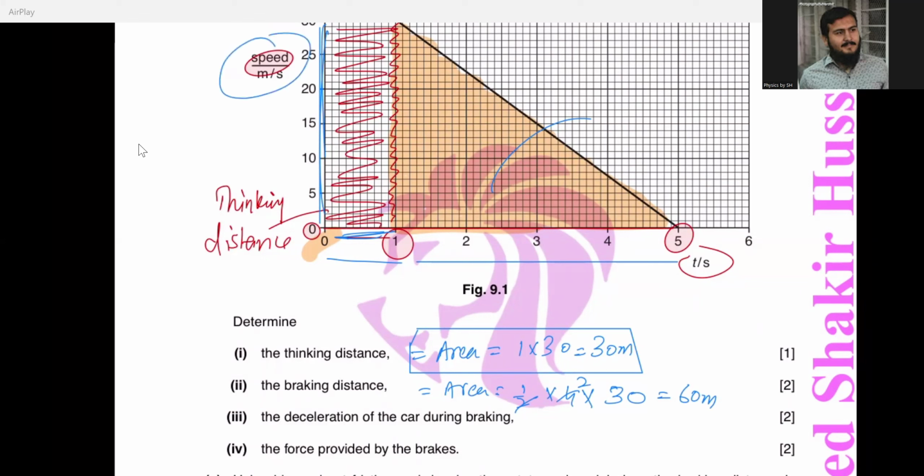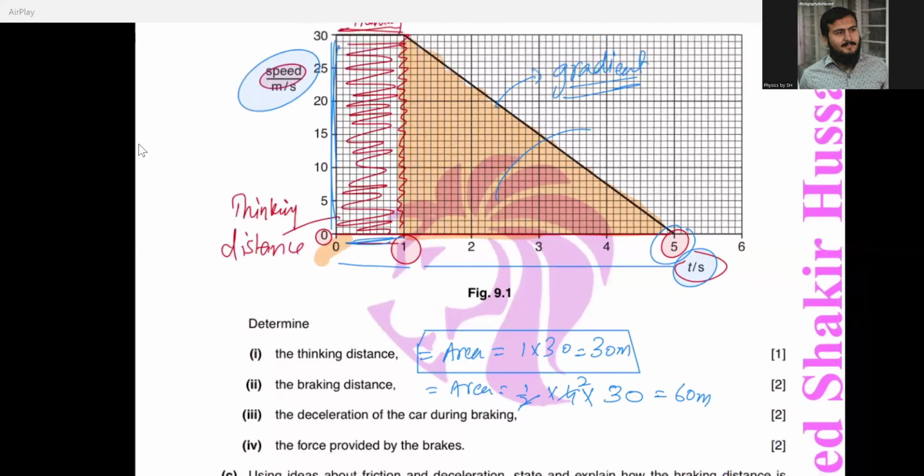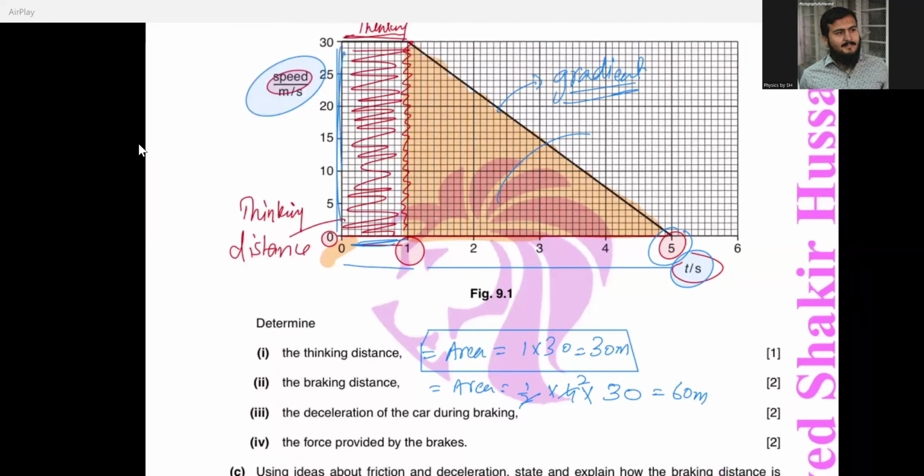What graph is this? Speed time graph, right? How is the deceleration found from a speed time graph? From the gradient of the graph. So gradient would be what? Rise upon run. What is the rise? 30.